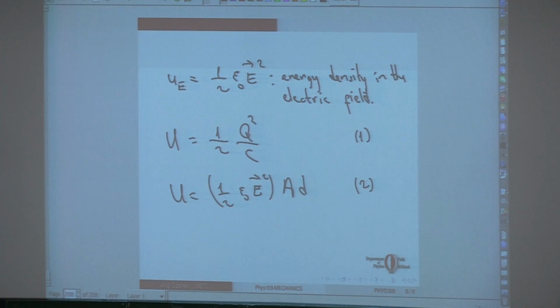Okay, this equation also tells us something else. Just by looking at this, we can read it straightforwardly. We have these parallel plates, and in the parallel plates the electric field is constant. It is independent of the separation of the plates. So if you separate the plates further out, D gets larger, the volume gets larger, so the energy stored in the capacitor increases.